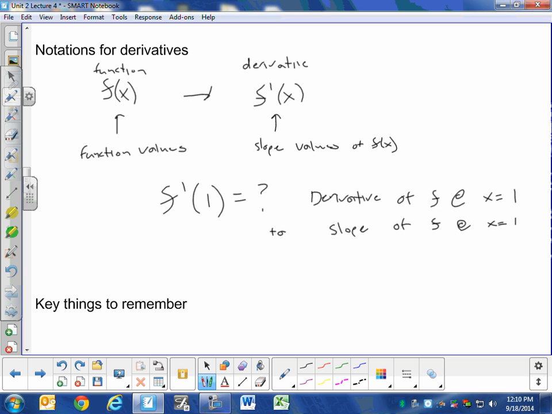And you would say it's the tangent slope. And of course, you know that the tangent slope is the instantaneous rate of change of your function at 1.